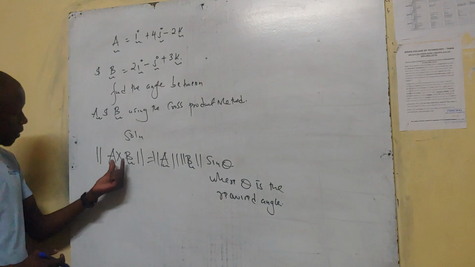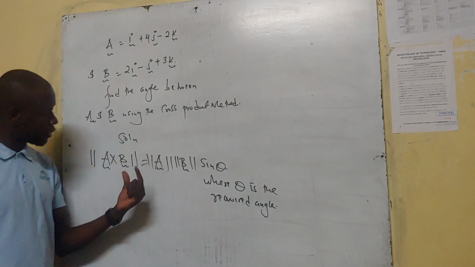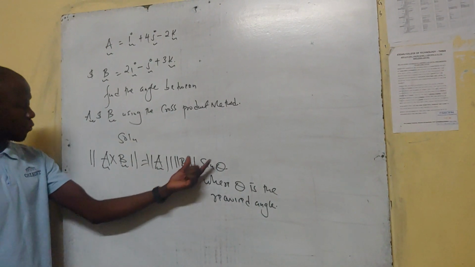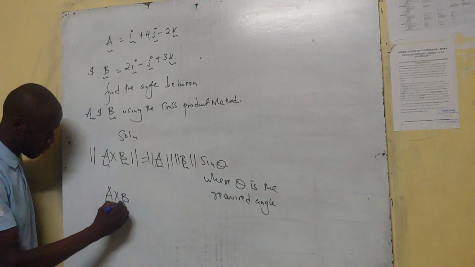So we want to determine A cross B, then get the magnitude, then equate it to the magnitude of A times the magnitude of B times sine theta. Let's start with getting A cross B.